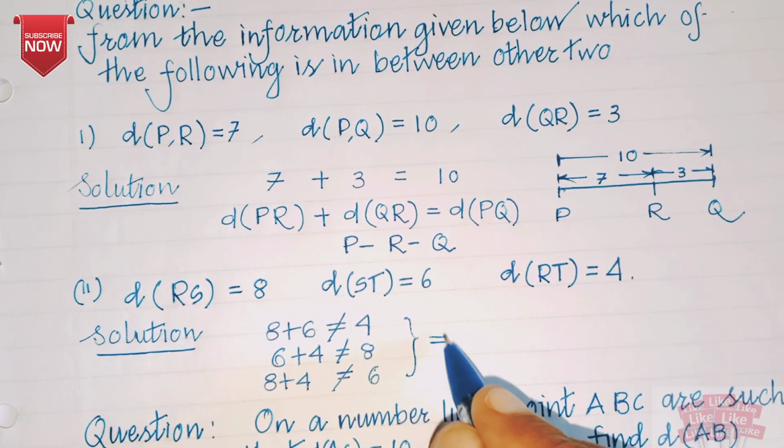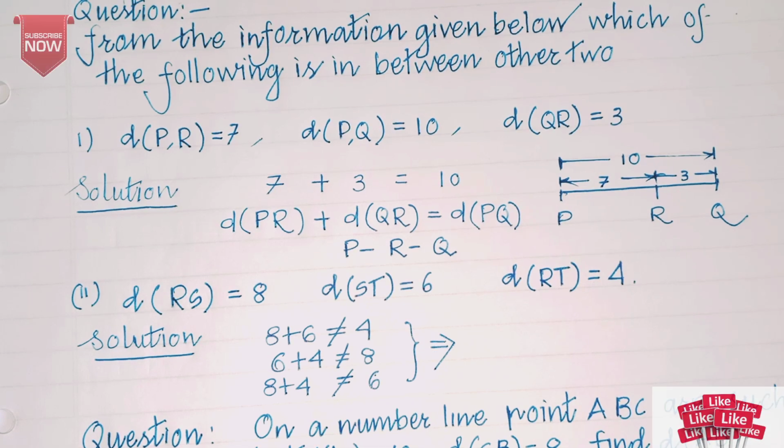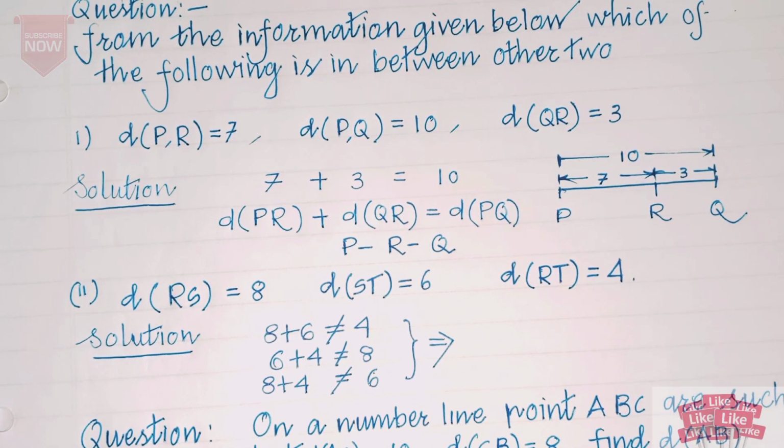This shows that the points are not in one line, they are non-collinear.